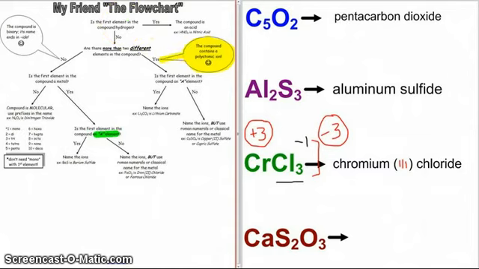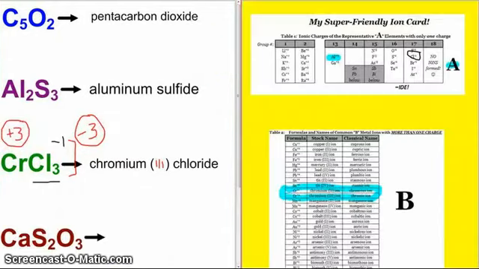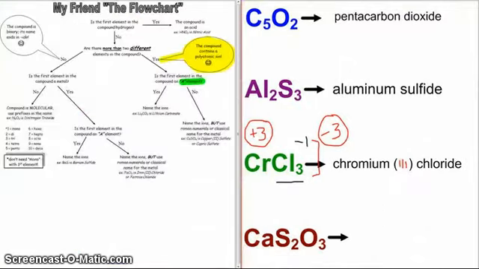Well, once we get to this side, the first question says, is the first element an A element? Is calcium an A element? So when I check on my super friendly ion card, calcium's right here. Group 2, definitely an A element. So when I look back at my flowchart, I just have to name the ions.